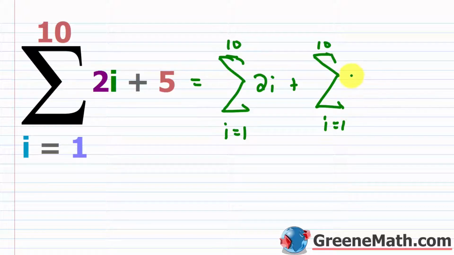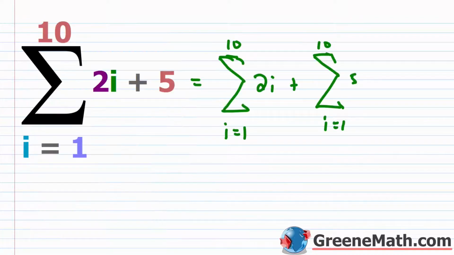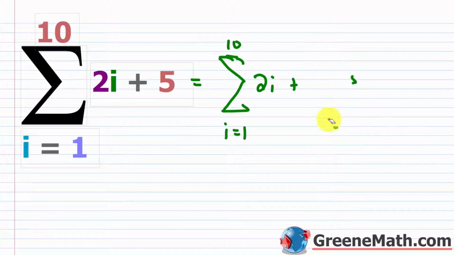Well, I already know, because I just looked at a problem like this, that this is going to be 50, right? I have a 5 here and a 10 here. So this is a constant, so it's just c times n. So we come back here, it's 5 times 10 or 50. So at this point, you can just erase this and replace it with 50. You don't have to worry about it anymore.